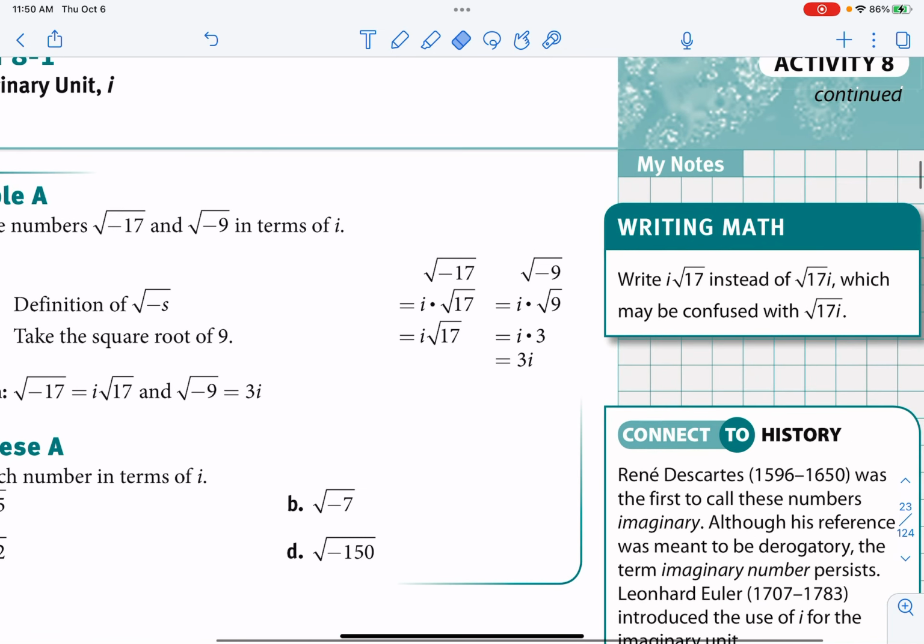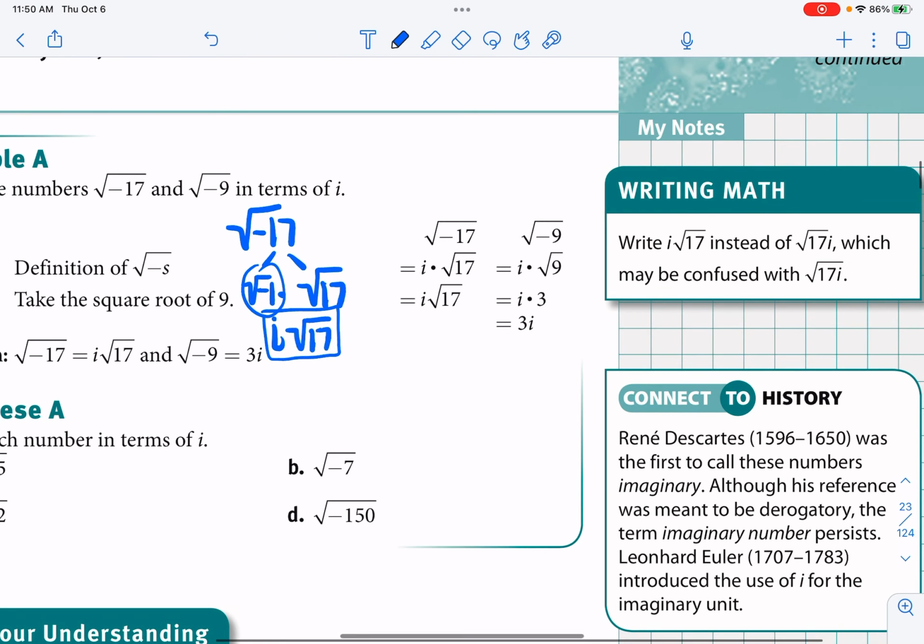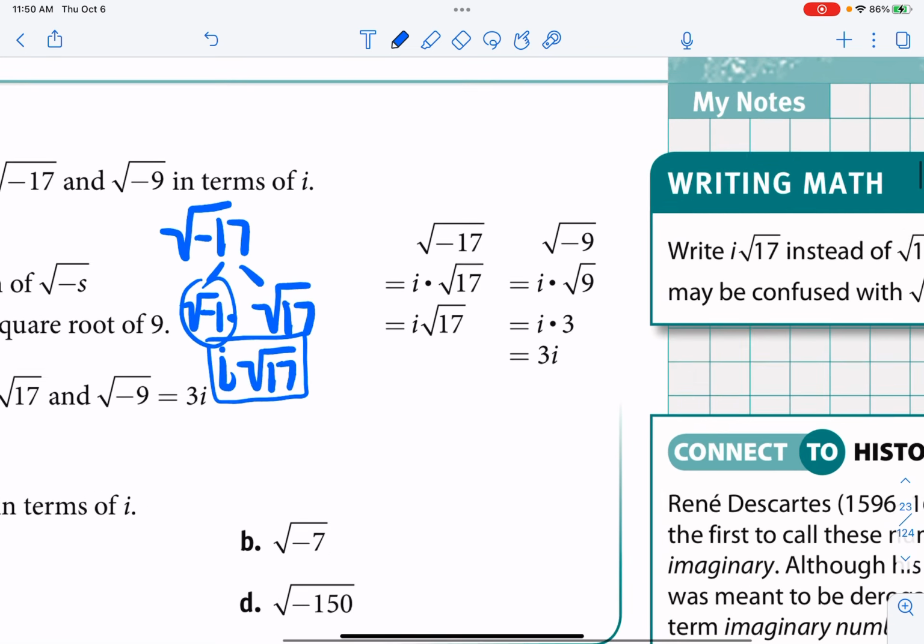The square root of -17 can be written as the square root of -1 times 17, which is i times the square root of 17. The square root stays the same because we can't divide a perfect square into 17. But now let's look at 9.